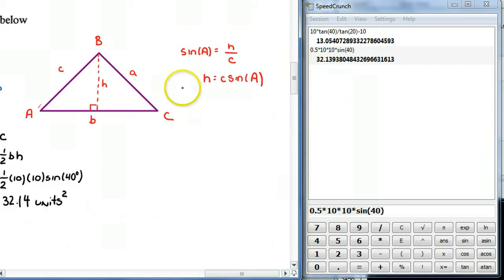And now, if the area of a triangle is 1/2 the base times the height, we can substitute in directly.